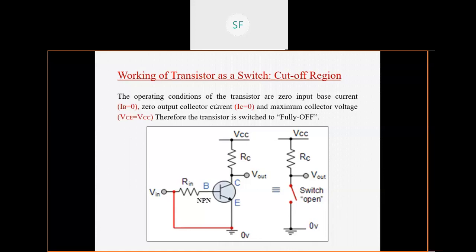The operating conditions of the transistor are zero input base current. First of all, just remember that in the cutoff region, the base current is zero. We know that the cutoff region happens when both the emitter base junction as well as the collector base junction are reverse biased. We have seen that.